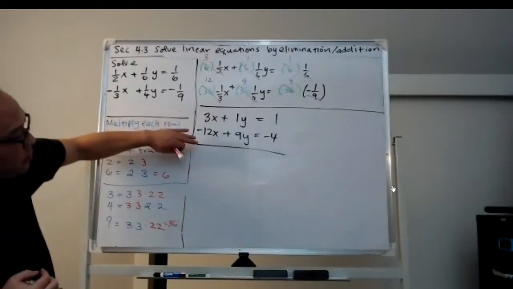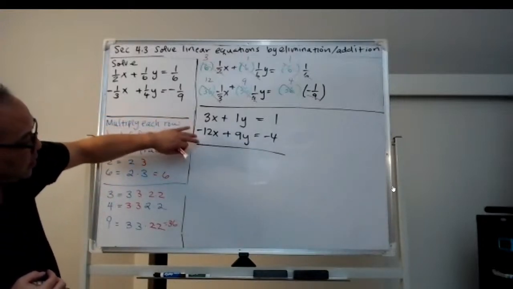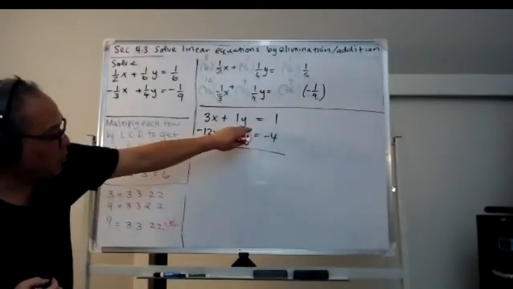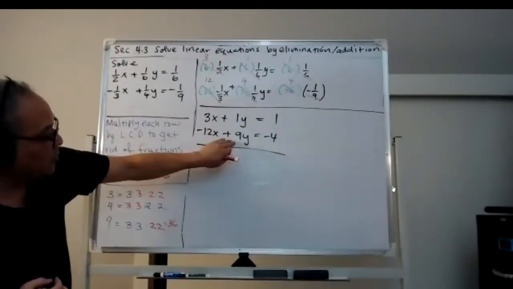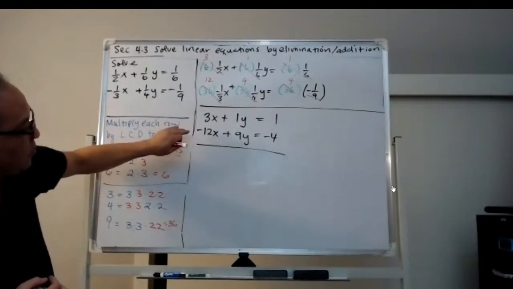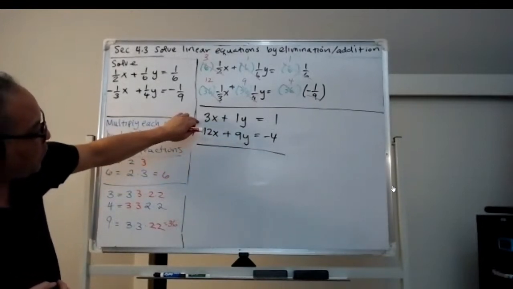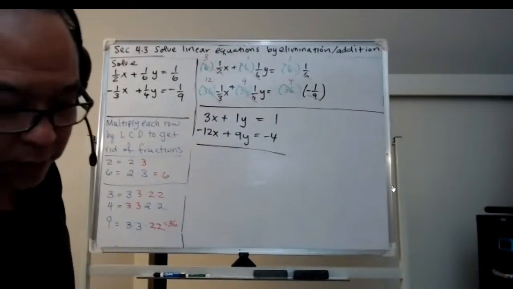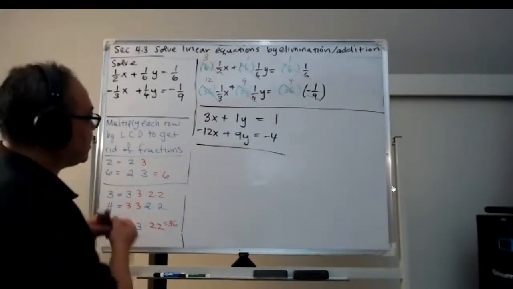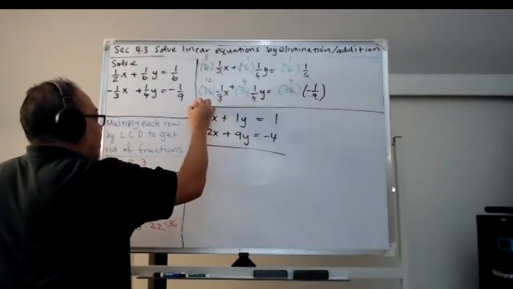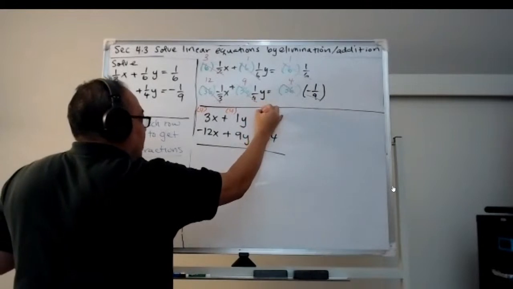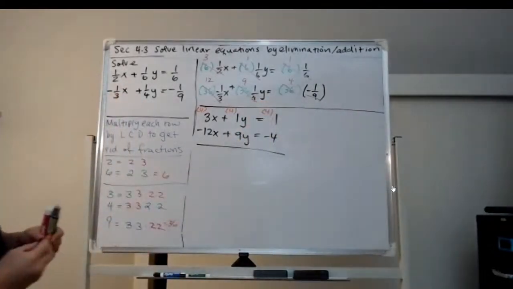So we can either get rid of the x's or we can get rid of the y's. I can multiply this row by -9 and get rid of this, or I can multiply this row by 4 and get rid of the x's. So I'm just going to multiply by 4, but you could have easily multiplied this row by -9, and it would have worked also.